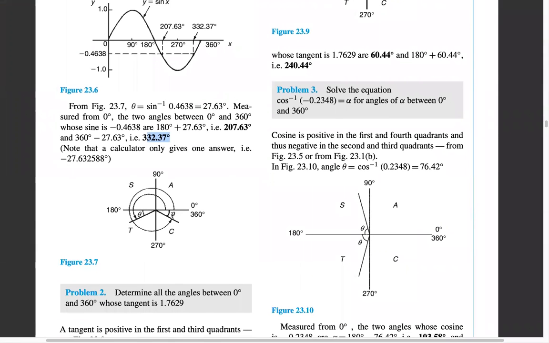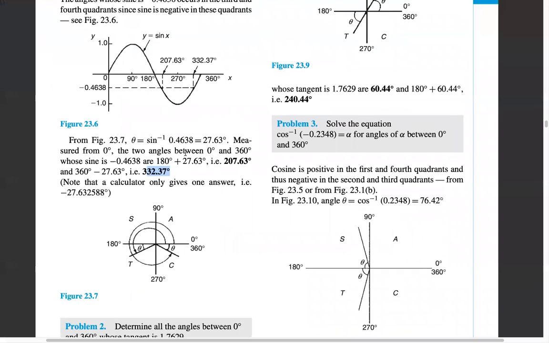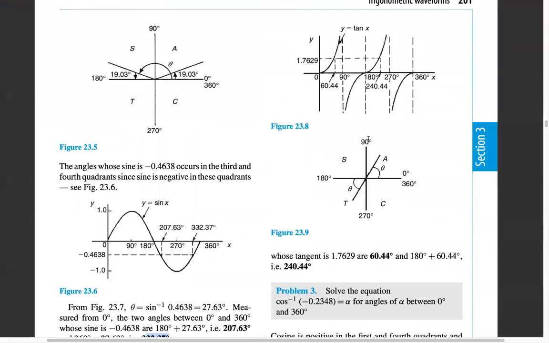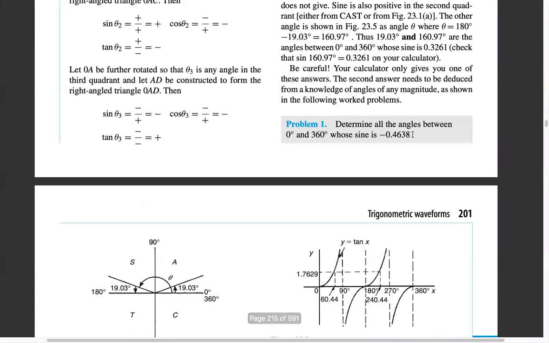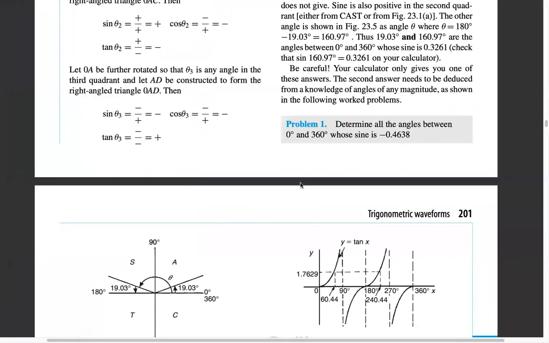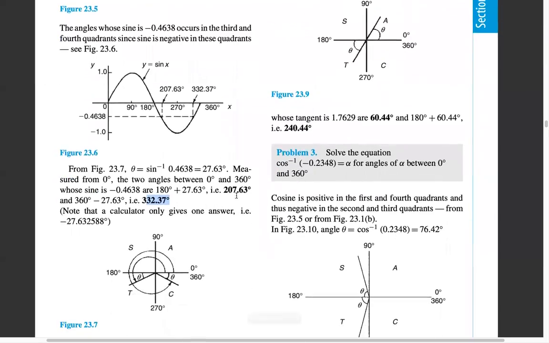Now, when you plug in these values in the calculator, you will get the ratio negative 0.4638. But that's not the value the calculator was giving you. The calculator will never give you these values here, 207.63 and 332.37, right?